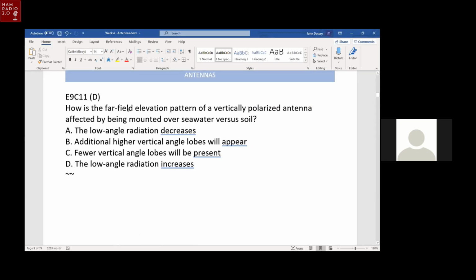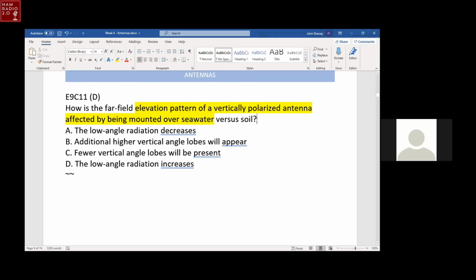How is the far field elevation pattern of a vertically polarized antenna affected by being mounted over seawater versus soil? Seawater is salty and it's a very good conductor. It's almost like a sheet of aluminum. It's such a good conductor and reflector.